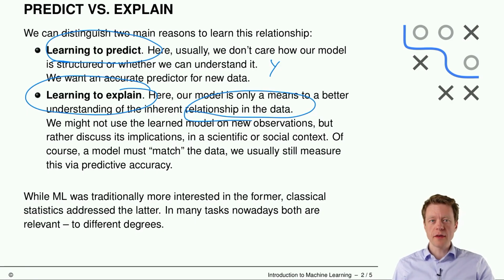So these things are not that far apart, and more or less traditionally machine learning comes more from the learning to predict paradigm, and statistics comes more from the learning to explain paradigm, but nowadays we really can't make that distinction anymore. Both fields are pursuing both goals, let's say.